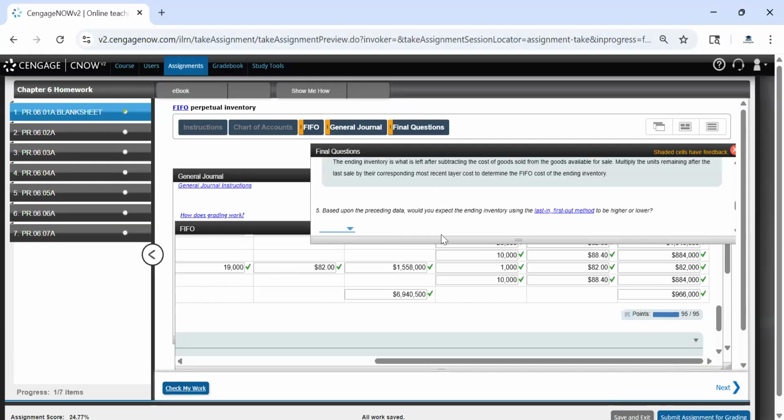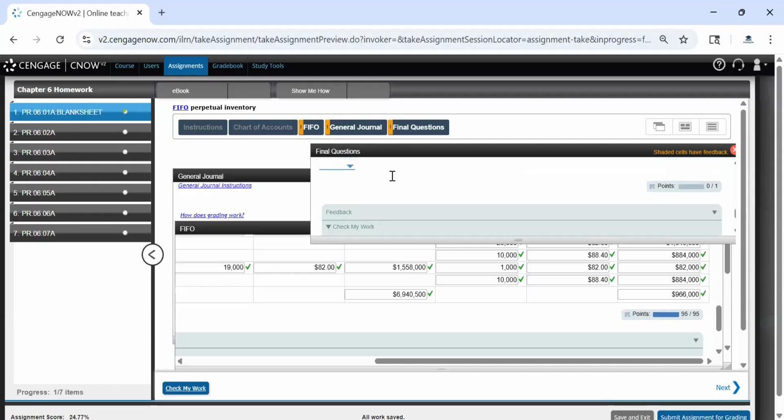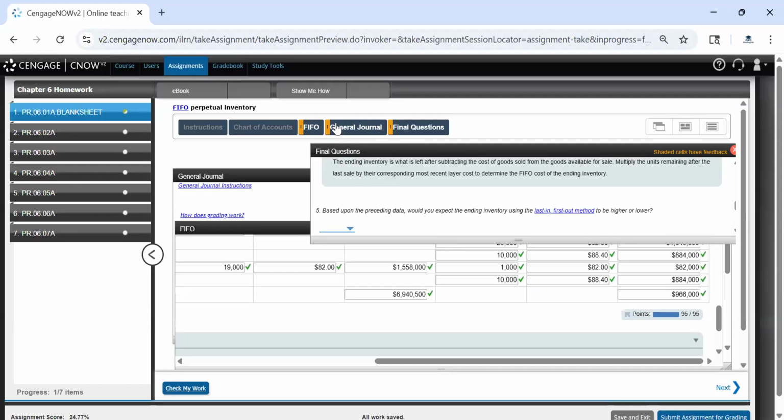And based on the preceding data, would you expect the ending inventory using the LIFO method to be higher or lower? So if you remember the last in, first out, or LIFO inventory method, the inventory purchased most recently is what's considered sold and what gets expensed under cost of goods sold. That means the inventory purchased first is what's used to value ending inventory.